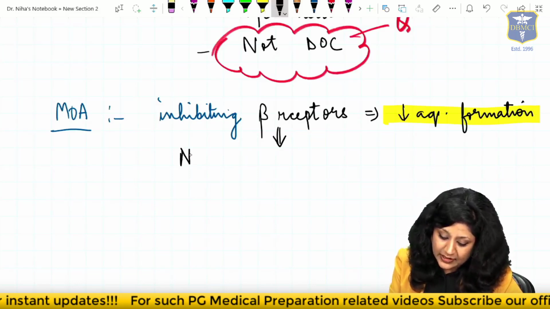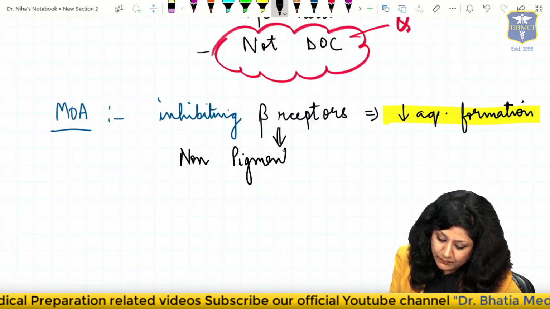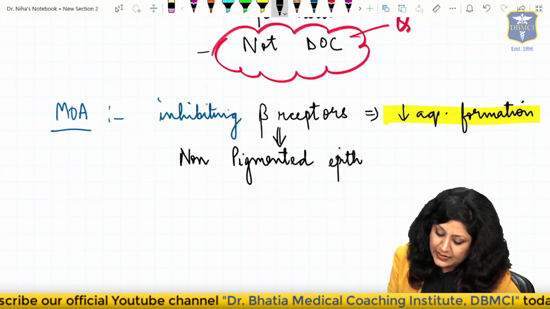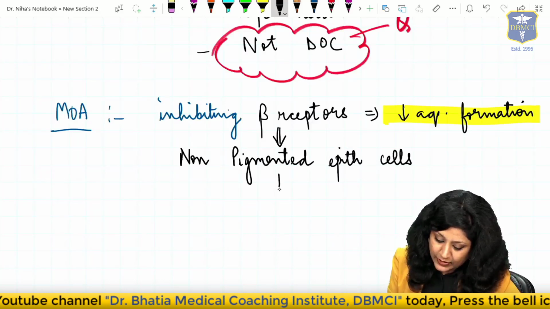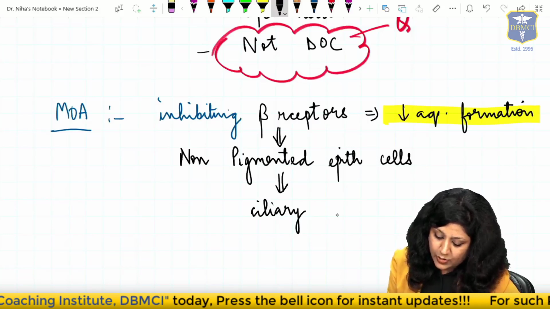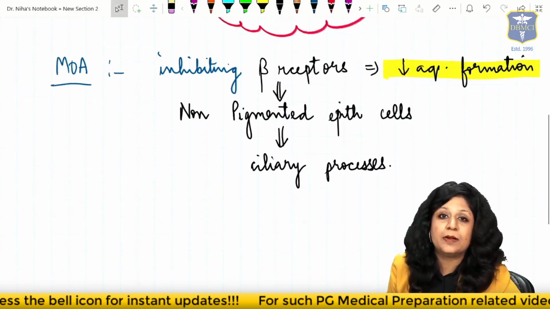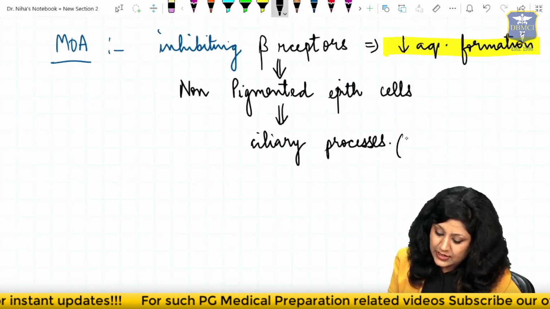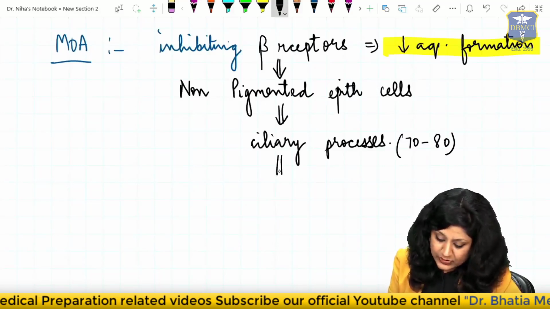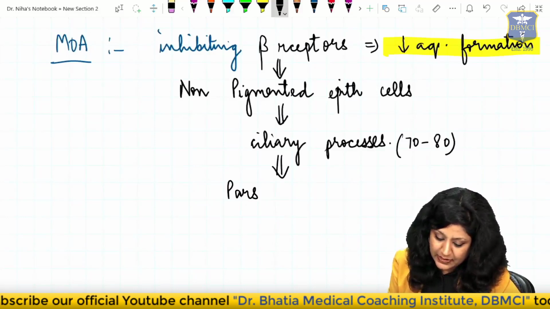these beta receptors are located on the non-pigmented epithelial cells. These cells are located on the ciliary processes. What is the normal number of these ciliary processes? It is about 70 to 80, and these ciliary processes are located on the pars plicata.